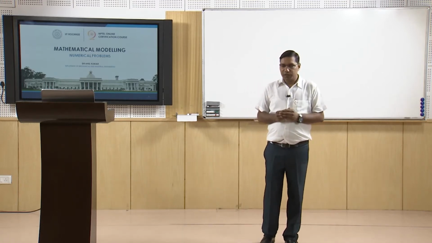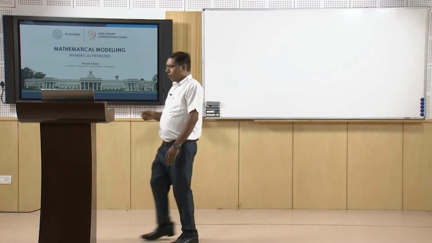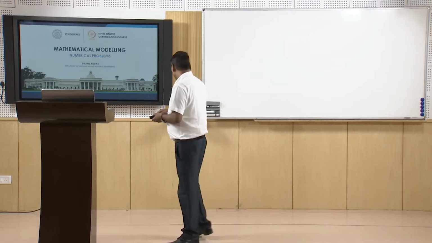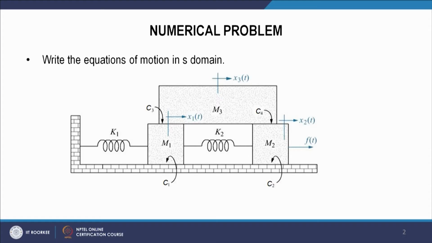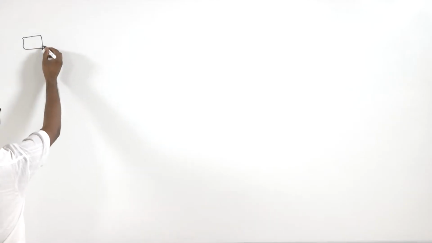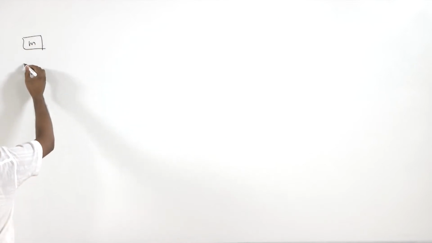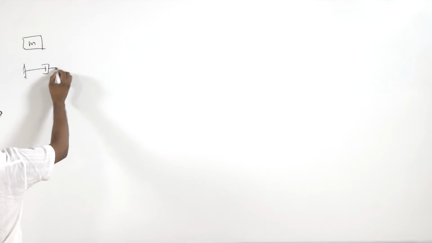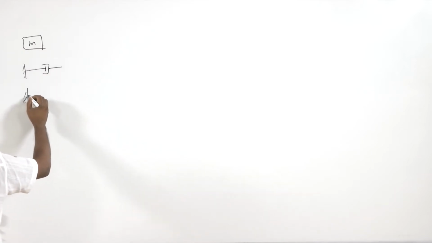So the first example we will take is for a mechanical translational system. We know that in a mechanical translational system we have three components. One is mass, then there is a damper, and then there is a spring.